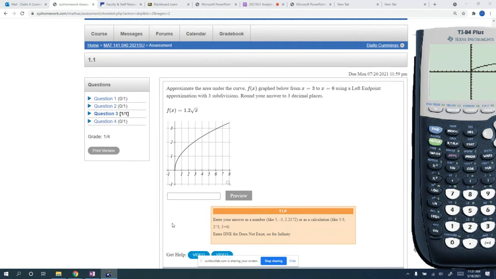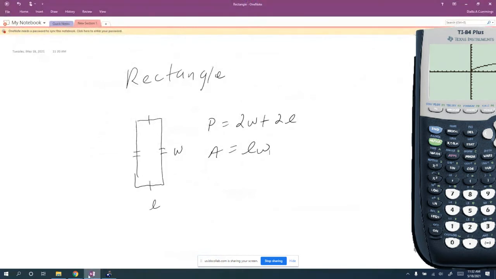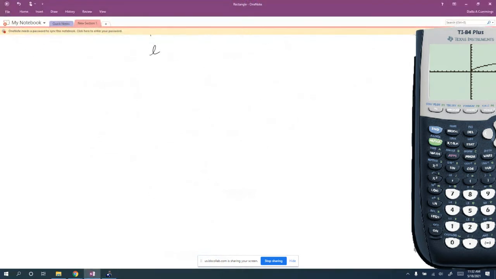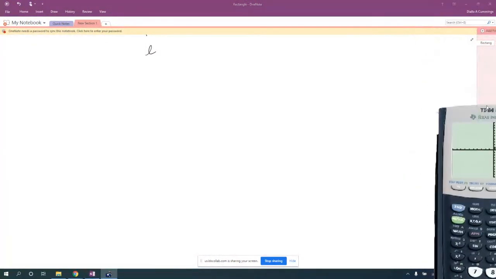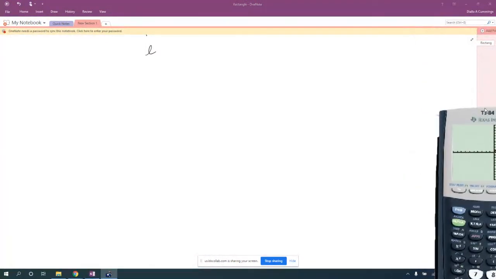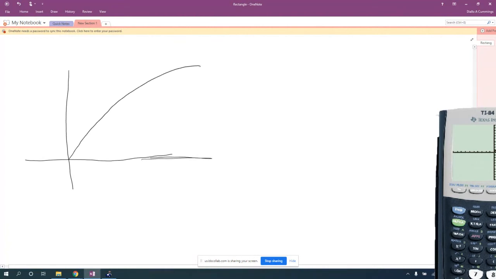All right, so I'm going to go back to OneNote, and make a rough sketch of what's going on.